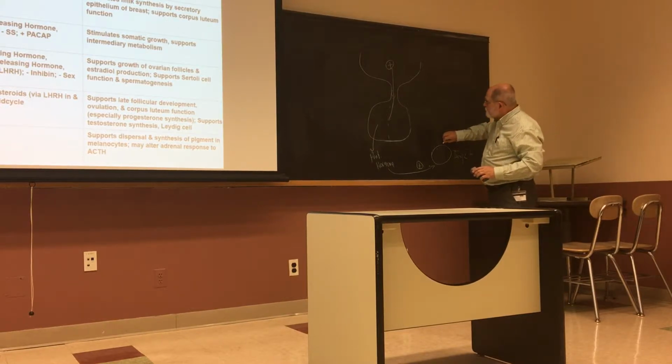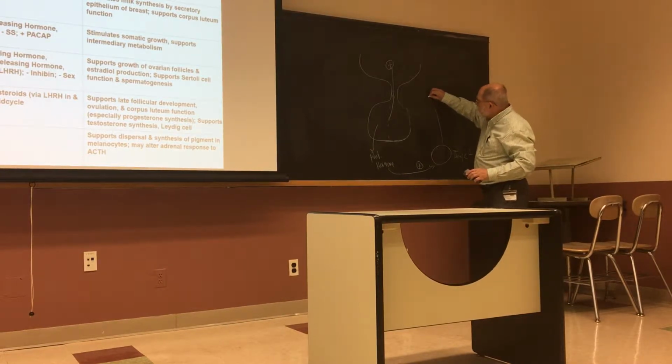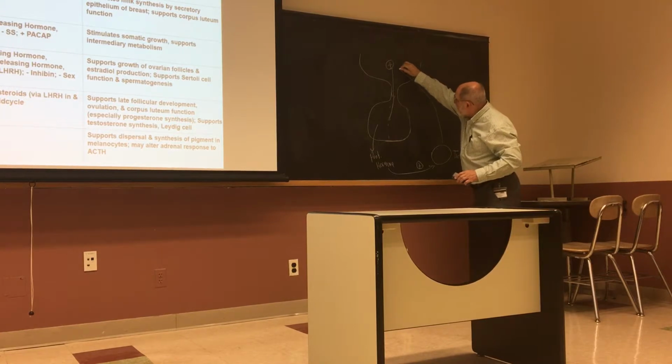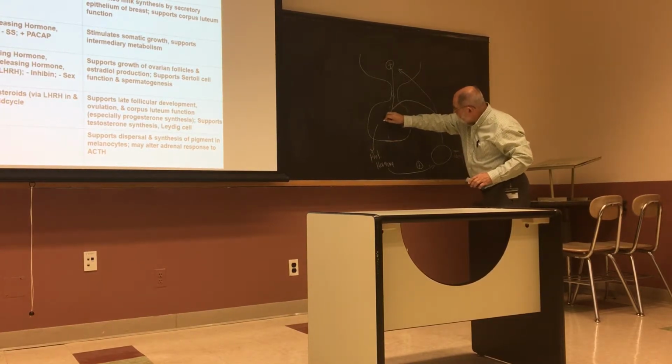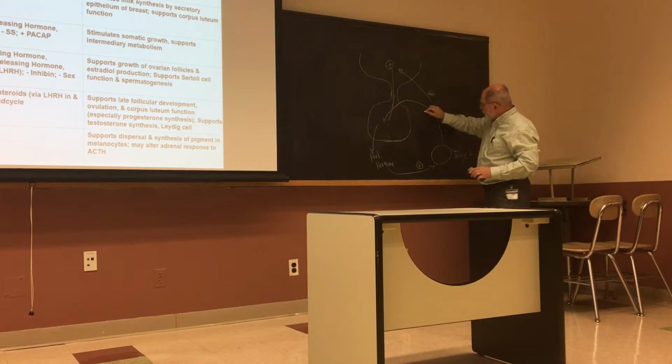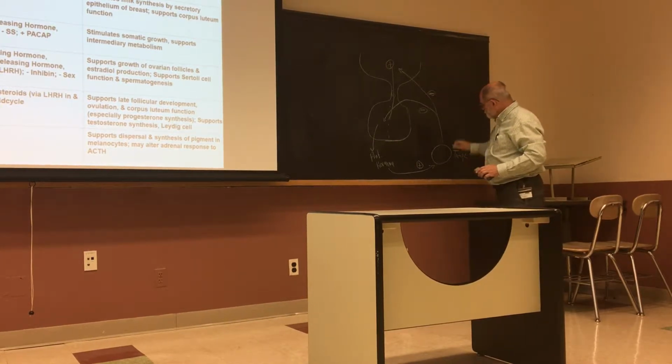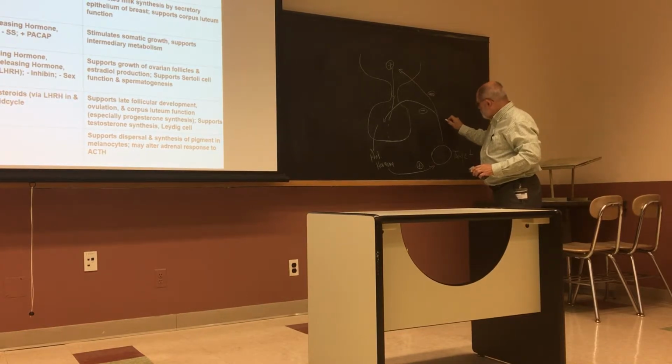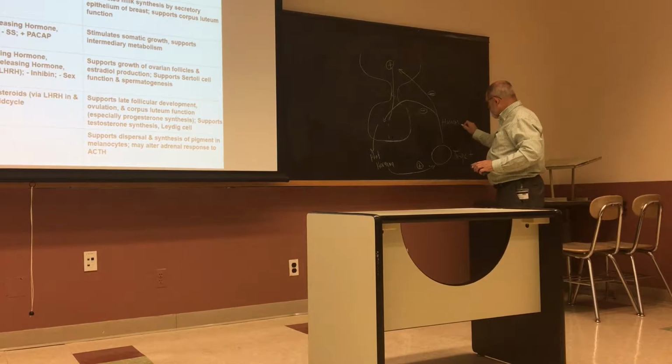And the target's responses generate a negative feedback. And that negative feedback often occurs at the level of the hypothalamus, but can occur also at the level of the pituitary. So this is hormone 2, or metabolite.